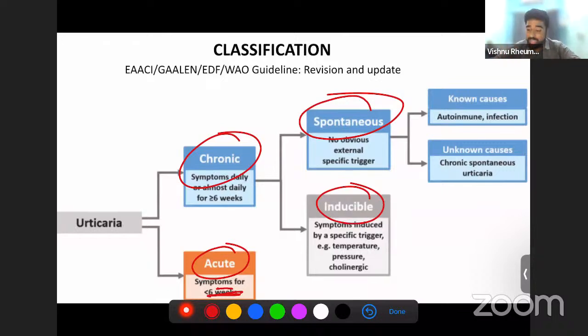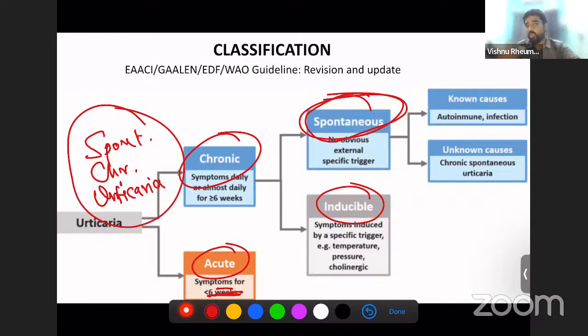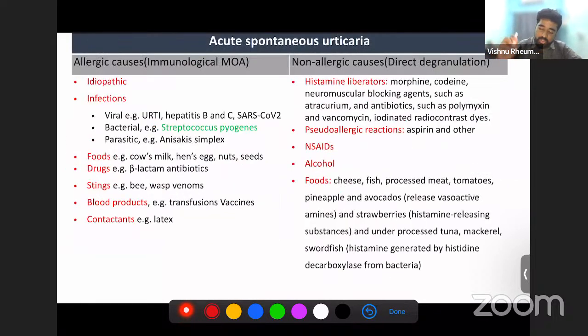Various types of inducible urticaria are there, but if it is spontaneous, this is where an immunologist or a general medicine physician is consulted by a dermatologist to help find an underlying possible systemic illness leading to spontaneous chronic urticaria. So chronic spontaneous urticaria patients are usually referred by the dermatologist to medicine to rule out an underlying systemic cause.